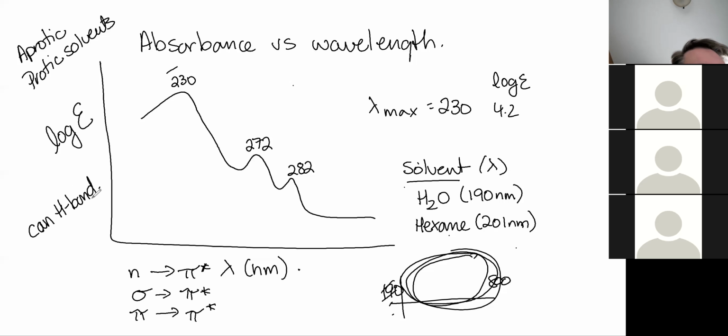But typically, protic solvents and aprotic solvents can have different sorts of UV spectra. Particularly, protic solvents tend to be broader because of hydrogen bonding.